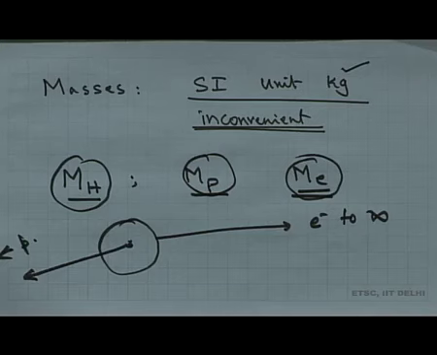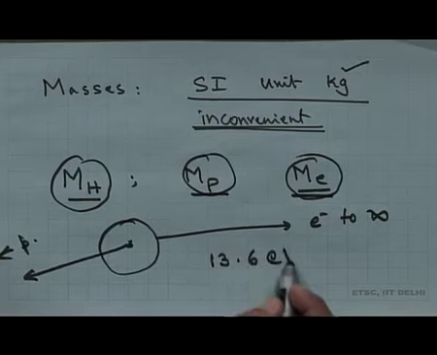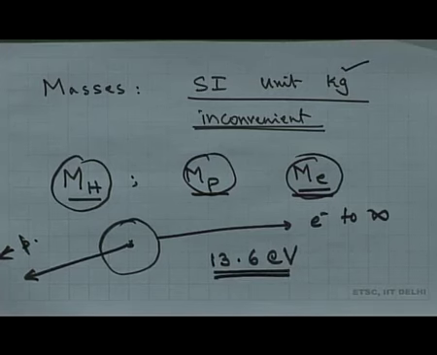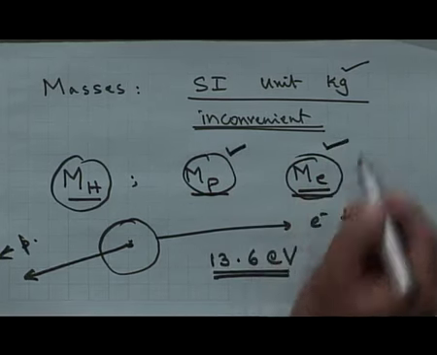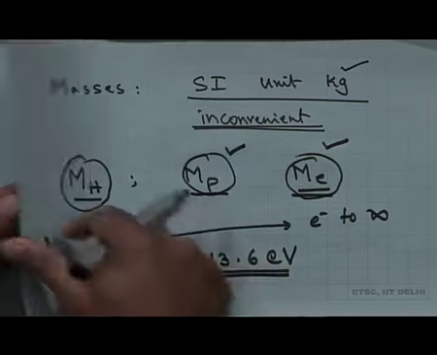They should be at rest, and the energy that I supply is given by the binding energy, and we associate it with 13.6 electron volt. So in some sense, the mass defect is 13.6 electron volt. The difference between the mass of the hydrogen atom and the sum of the masses of the proton and the electron is 13.6 electron volt, which is a very, very small number. This is the idea that we want to perfect by making use of Einstein's mass energy relation.